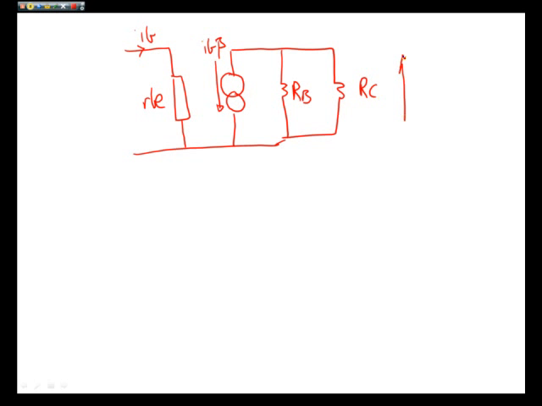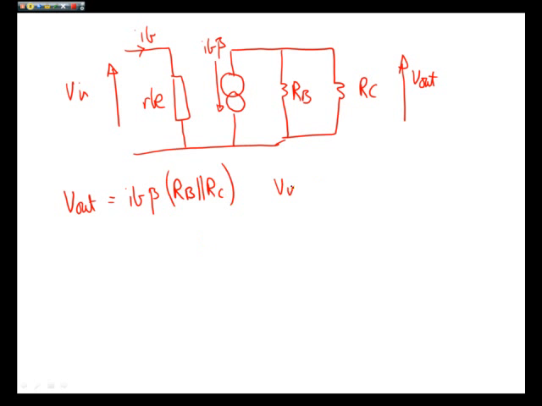Our output current is IB beta, and our output voltage here is V out, and we have V in. So let's write out our expressions. V out is equal to IB beta RB in parallel with RC, and I'll put them in brackets to denote them. We can write V in is equal to IB RBE.